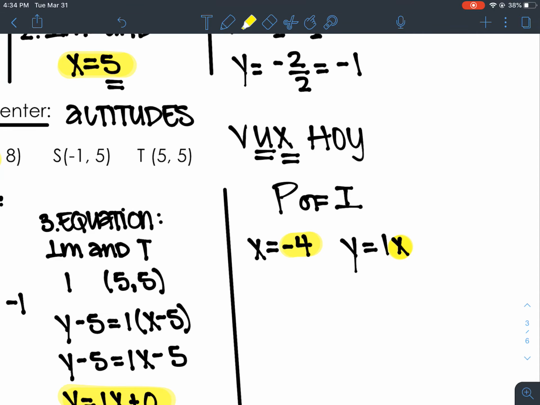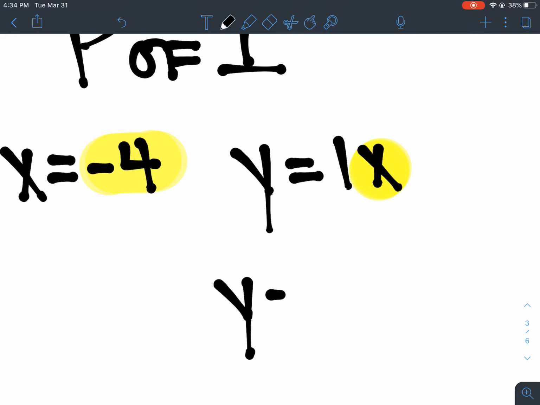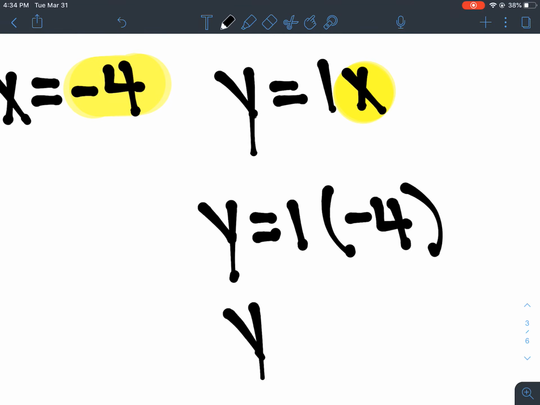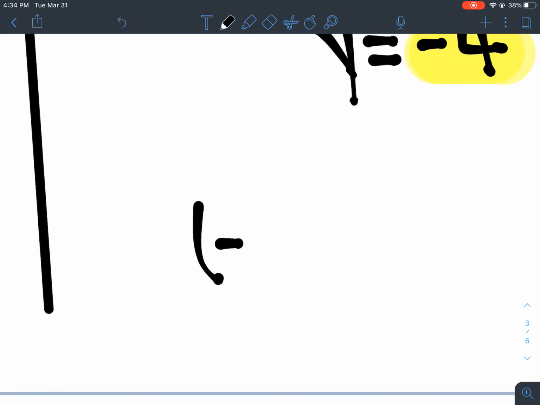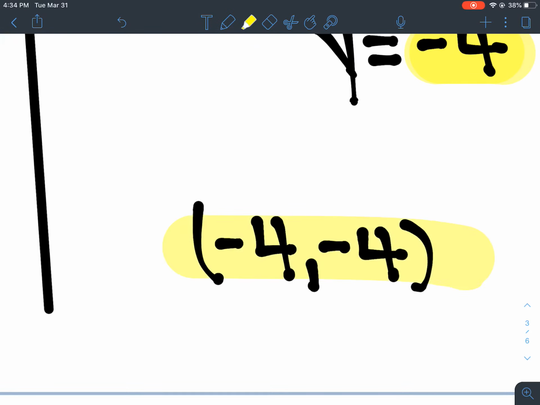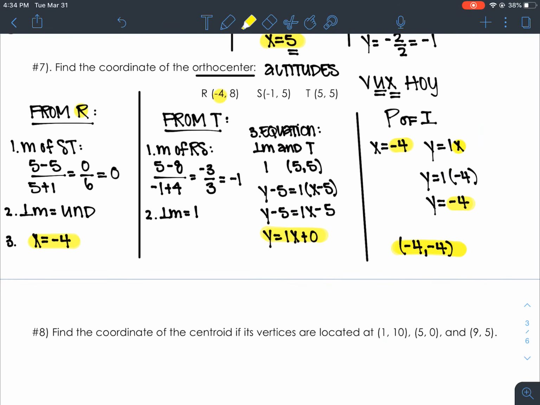So I'm going to get y is equal to 1 times -4, which means that y is also equal to -4, which gives us our coordinate of our orthocenter, which is -4, -4. And that's your final answer.